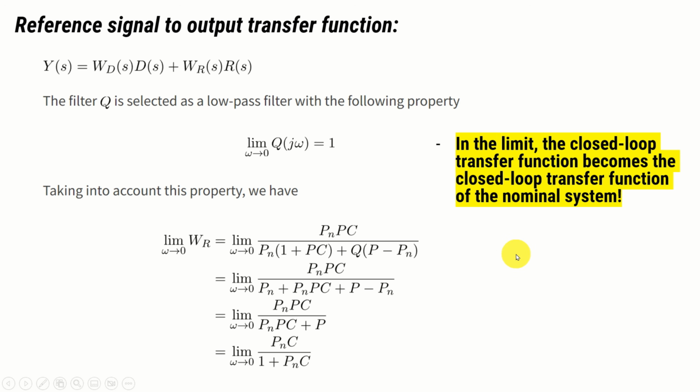That is, in the limit, the closed loop transfer function becomes the closed loop transfer function of the nominal system. And this is one big advantage of disturbance observers. They are able to cope with model uncertainties, and it looks like we are controlling the system by knowing the exact model of the system. And this is a big advantage since we can guarantee stability and many other things.